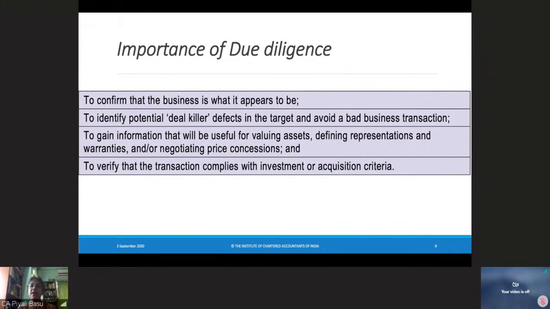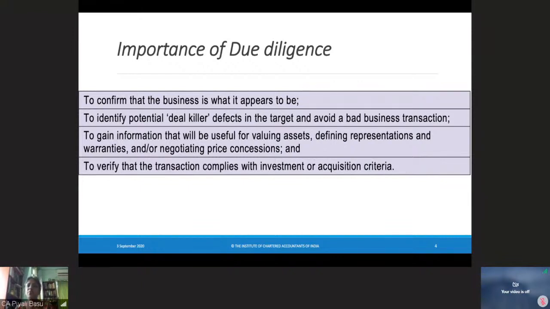You see the recent purchases made by Walmart, Amazon, whoever. It is not necessarily that the companies they are acquiring are all very good as far as profit is concerned. Otherwise, why would somebody sell? If it is going so nicely, why would somebody sell?